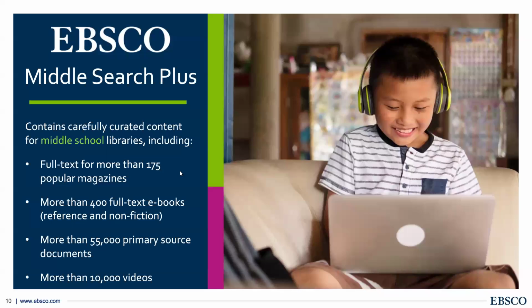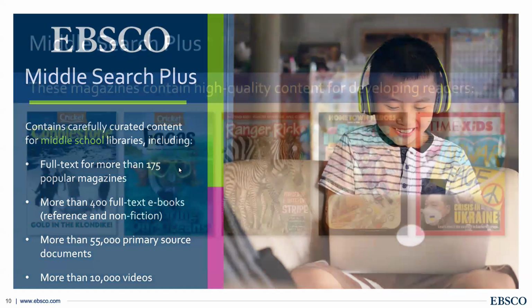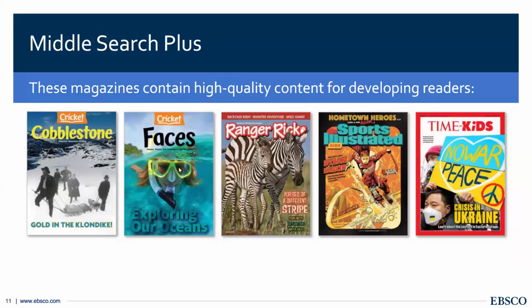We also have the Middle Search Plus database, curated for your middle school libraries, which include more than 170 popular magazines, more than 400 full-text ebooks, more than 55,000 primary source documents, and more than 10,000 videos. Some of the titles your students will enjoy in Middle Search Plus include some of the similar ones.